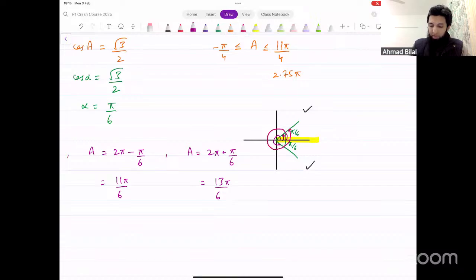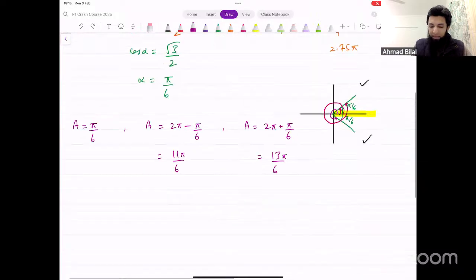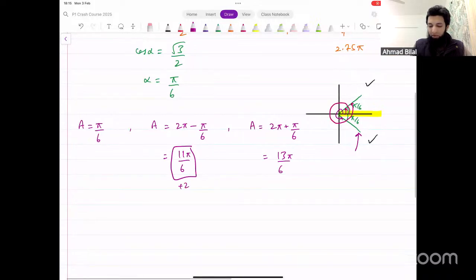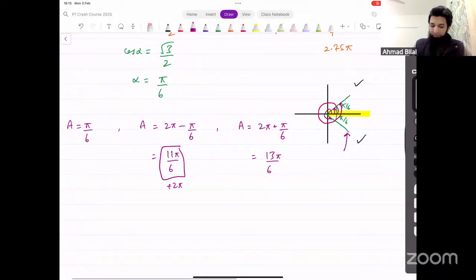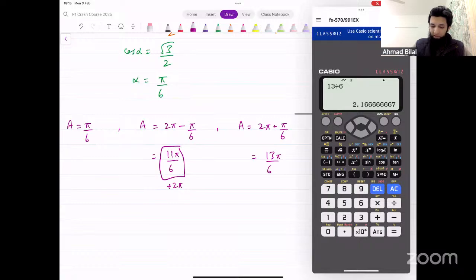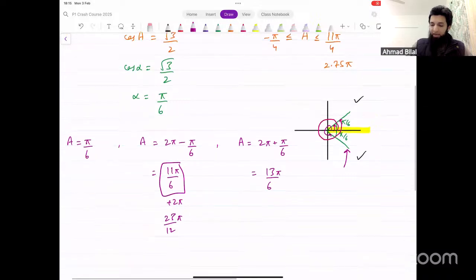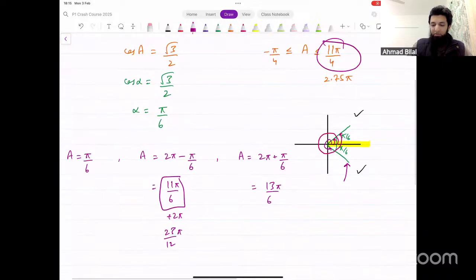You can say complete one full circle. So that's 2 pi plus this angle, the one in the fourth quadrant. So essentially that would be 11 pi over 6, this angle, plus 2 pi. So if you add 2 pi to this, what do you get from that? That will give you 23 pi over 12. That is going to go outside this interval.